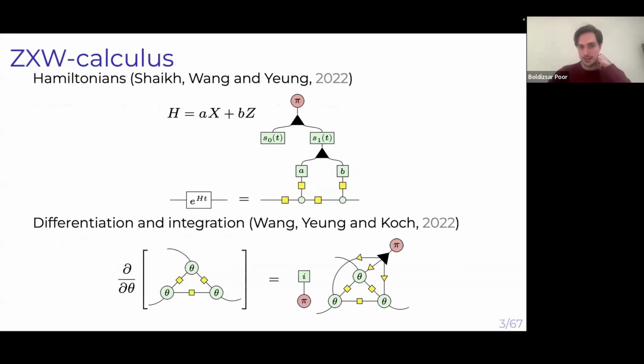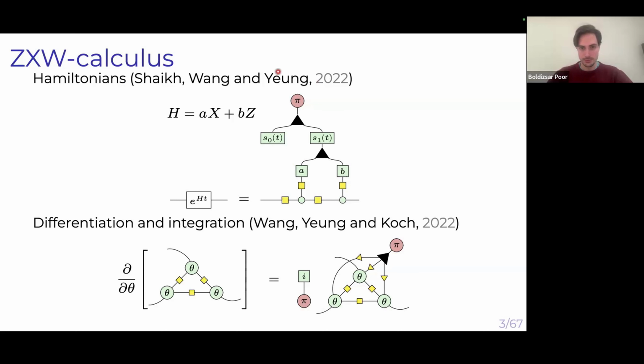And then the ZXW calculus is just simply putting these two calculi together into a single framework. So we have the Z, X, and W generators. And it turns out that combining these two things gives us more capabilities than just ZX or ZW would give us. So we can, for example, express Hamiltonians.